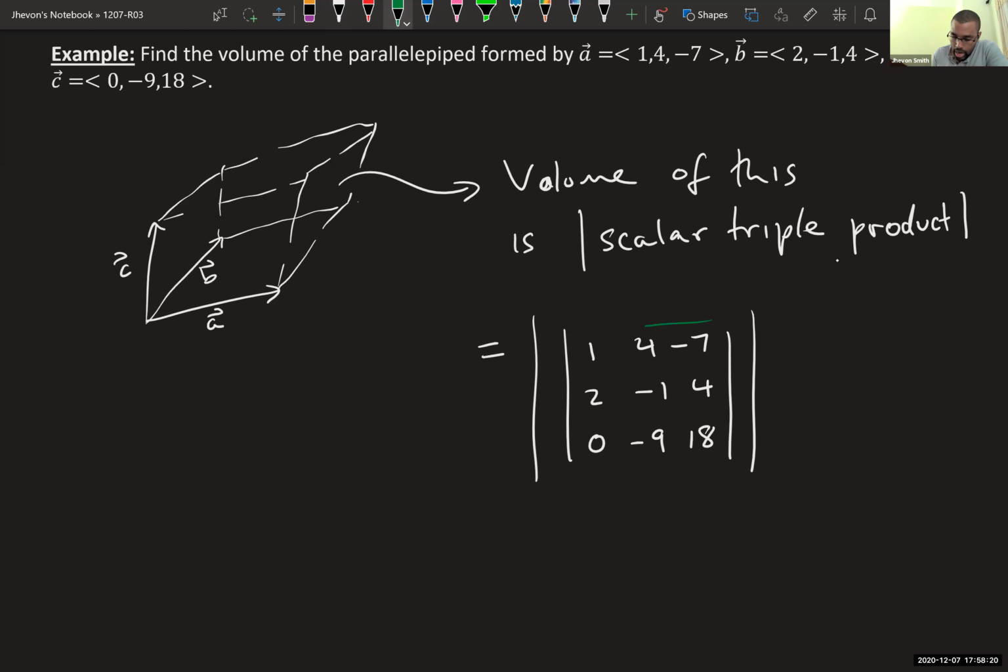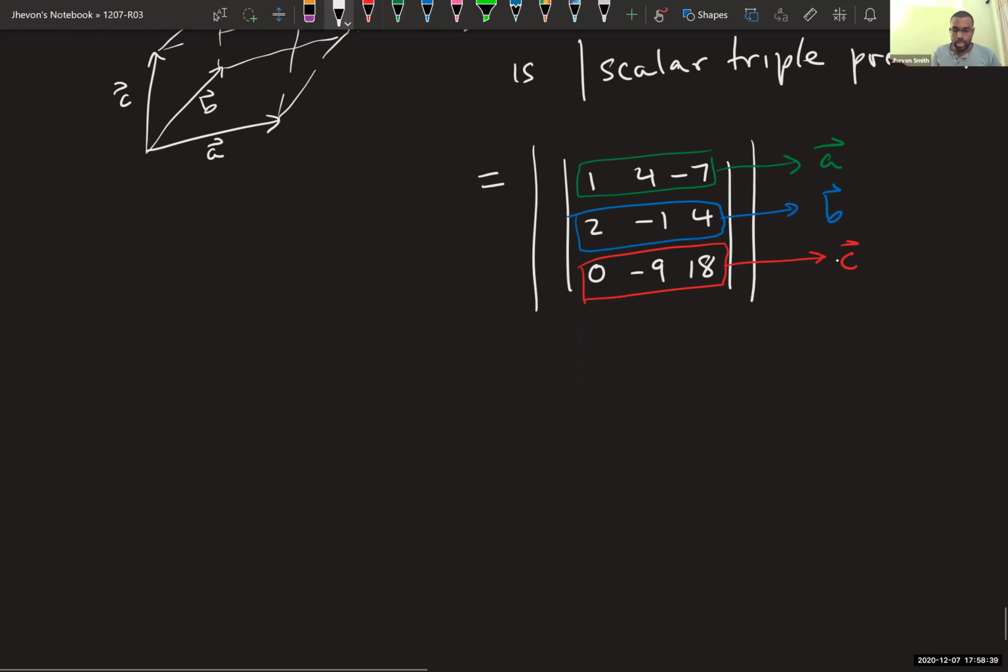So here is where I lined up the vector A, and did the vector B, then did the vector C. And determinants, we learned how to take those last time.